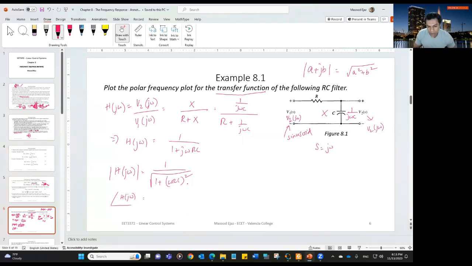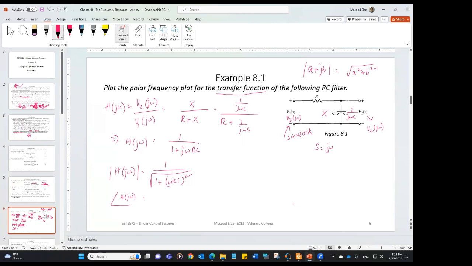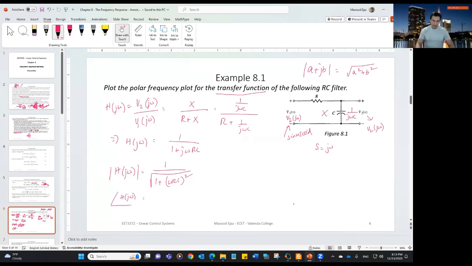All right, phase. How do you calculate the phase of this complex expression? Who's going to tell me that? Is it negative arctan of omega RC? That is correct. So tell me generically, in general, how do you calculate the phase of a complex number which is given in a fraction?